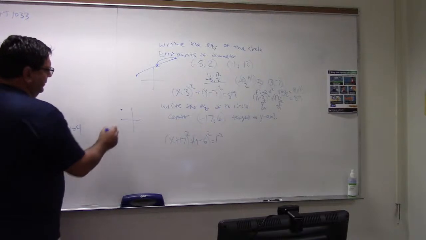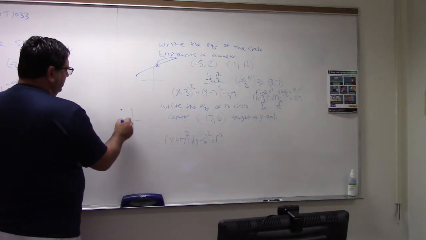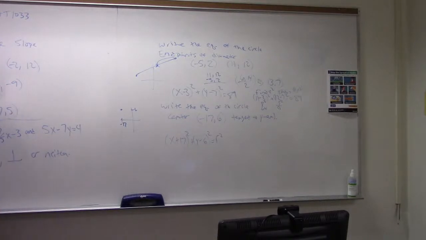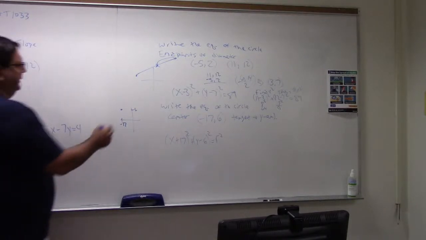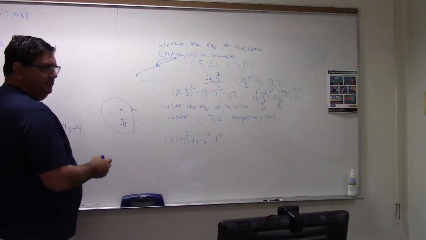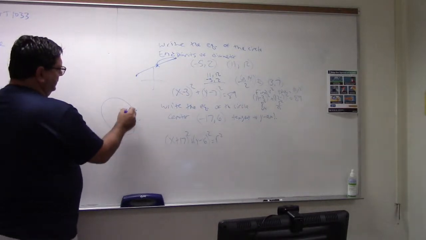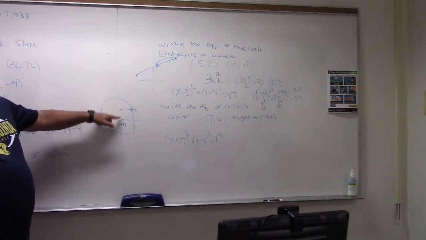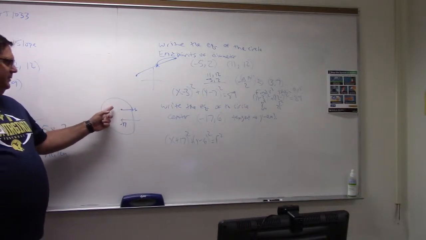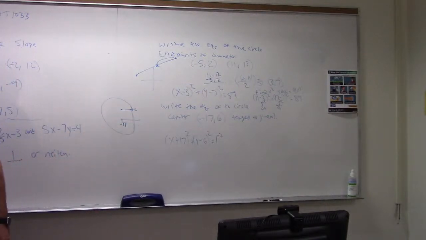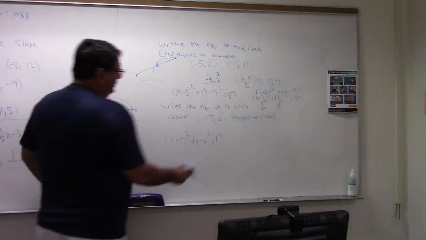And we want it tangent to y, so we want that circle to go this way. Well, what is this distance? 6. No. This distance is 6. This distance is 17. So 17 squared is 289.